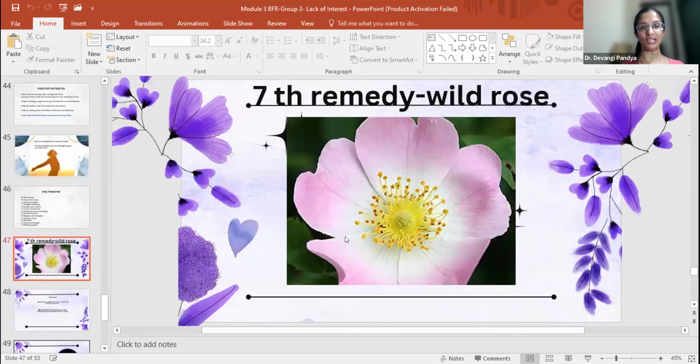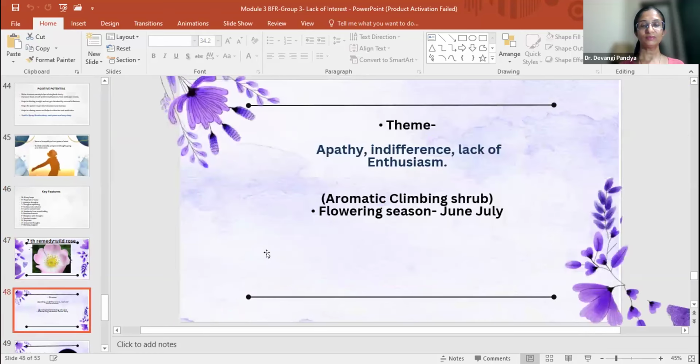Coming to our last remedy again, there is a lot of indifference. Previously, we saw the lack of enthusiasm in BOW remedies, but the theme was different. One was from exhaustion, that is olive. Here it is from apathy or indifference.